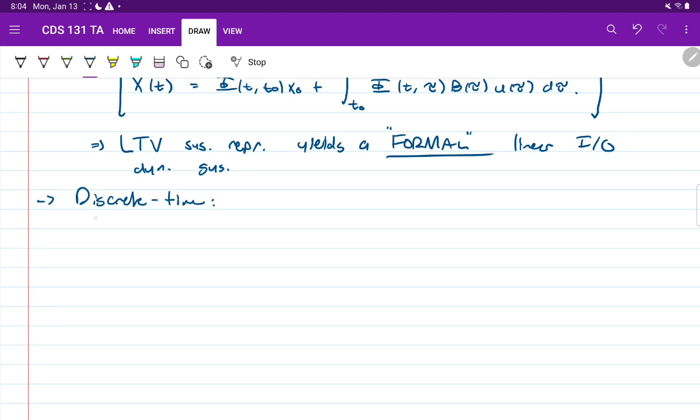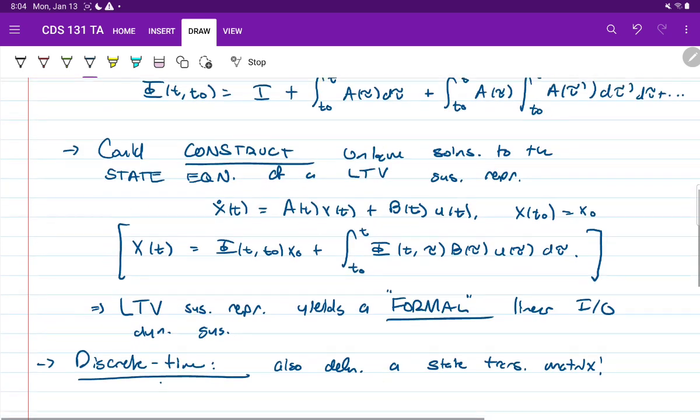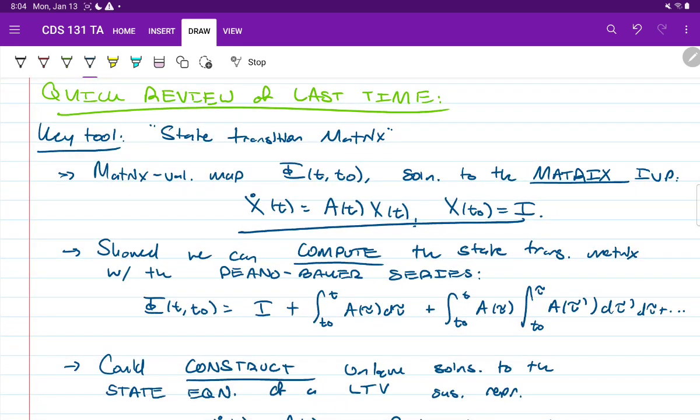Let's quickly summarize some of the things that we said. In the discrete time case, we could also define a state transition matrix. Just like above, where we defined phi of t comma t naught as the solution to a matrix initial value problem, in discrete time we define phi of k comma k naught to be the solution to a matrix recurrence.